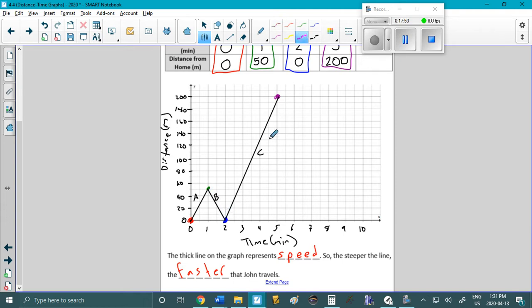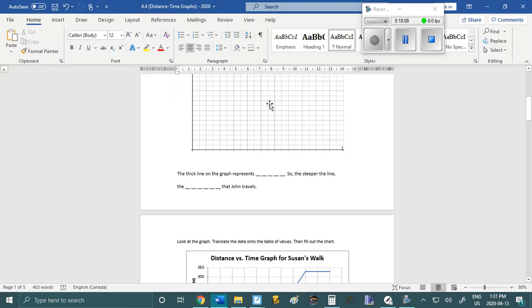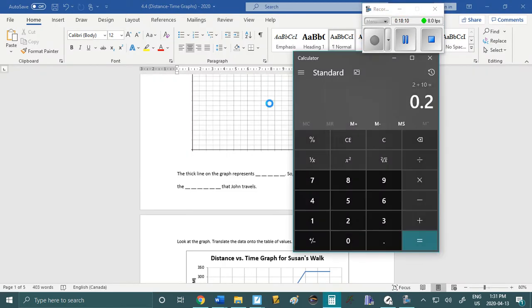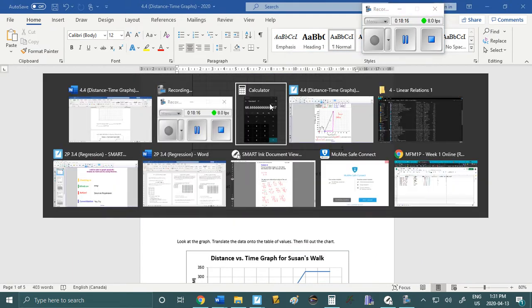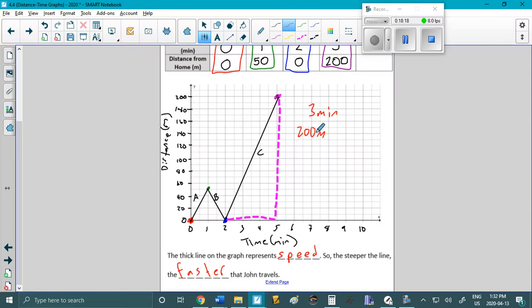And in the last section here, from 2 to 5, so that's going to be 3 minutes, 200 meters. Away from home, right? They're going to school. And in a calculator, I could do 200 divided by 3, and that's going to be 66.66666666, etc. meters per minute.